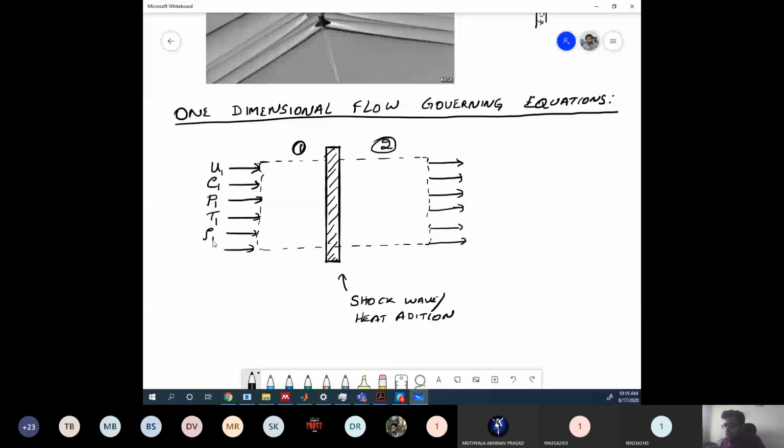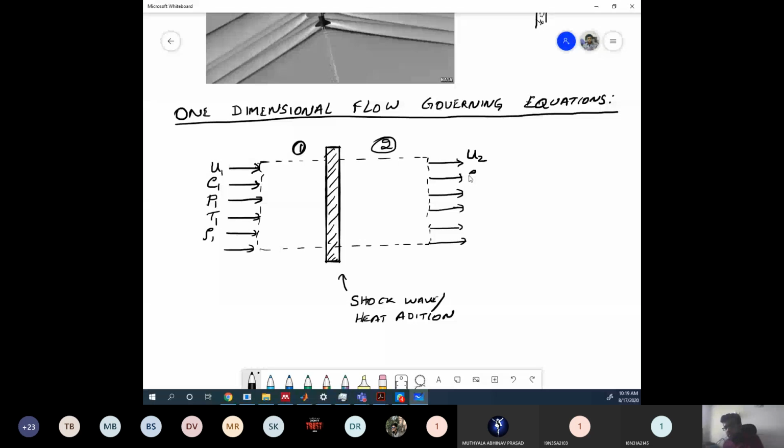Once it undergoes some disturbance, after the flow passes the disturbed region, obviously all the parameters will change. So we'll have U2, E2, P2, T2, and rho2.